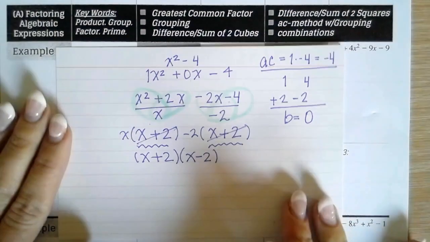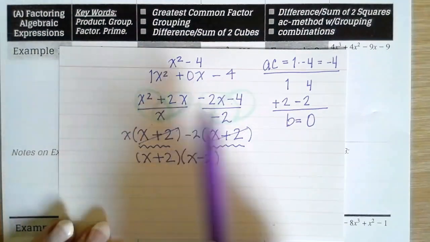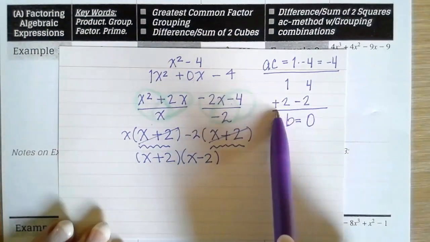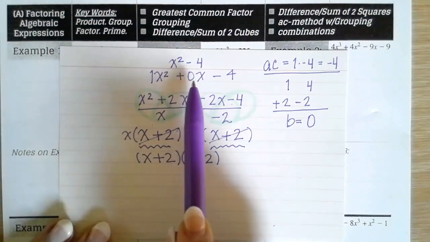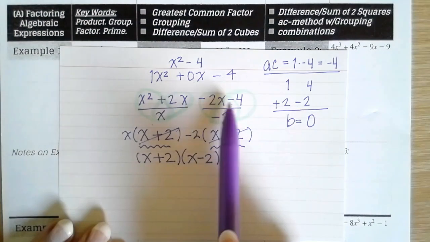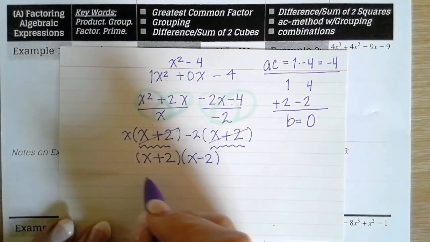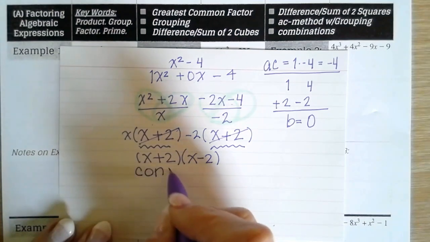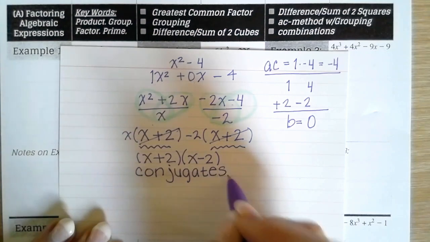So it does work, but there are tricks. Now, the cool thing is we can see why this trick is going to work. We picked the number that was the same number, but one was positive and one was negative, because that allowed my middle term, or my b value, to be 0, because essentially they just canceled one another out, and they're gone. And there it is factored. There's a special word to describe expressions of this nature, and that word is conjugates.